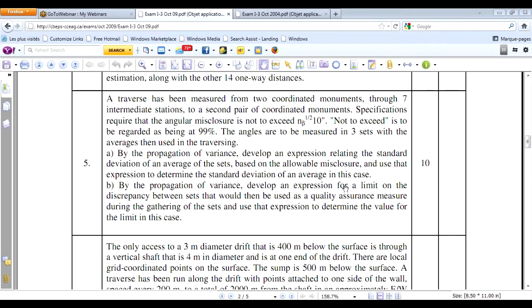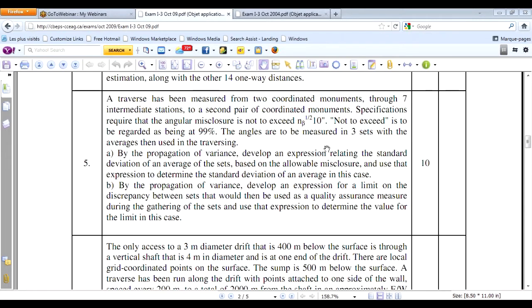That seemed to me to be a calculation that should be relatively straightforward as far as propagation goes, because it's just following through the calculations that would normally be done. And that's why there was a request for the propagation of variance, to develop the expression and to present it.